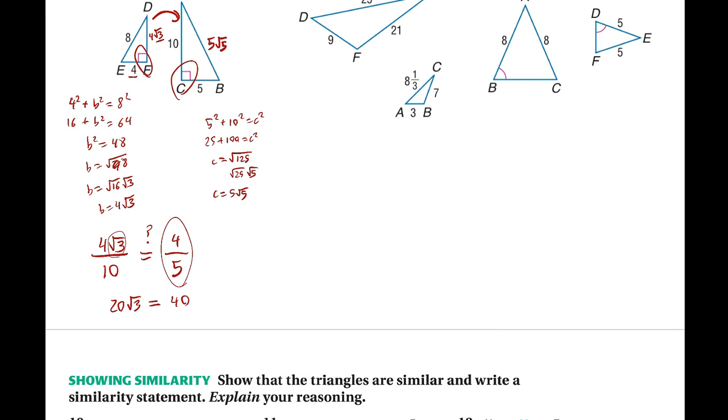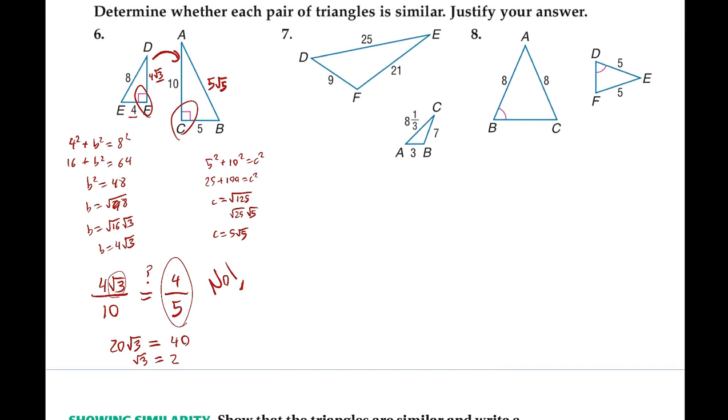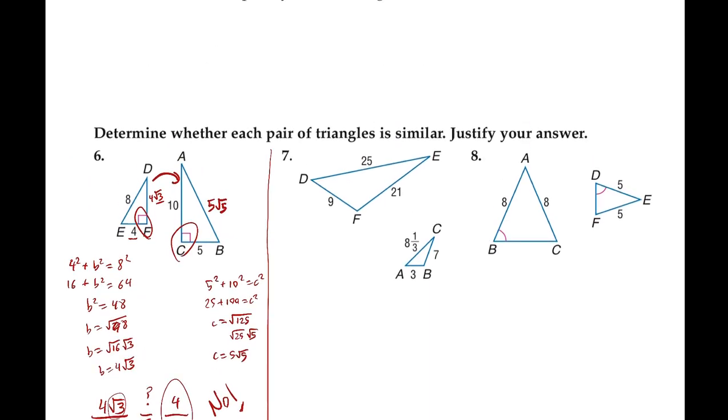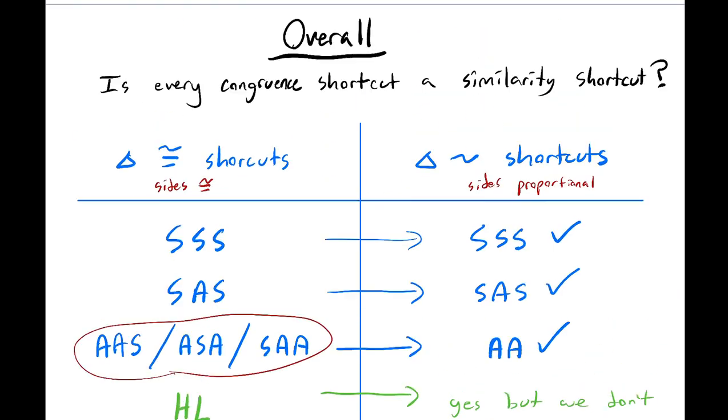Nope. Divide both sides by 20, and is root 3 equal to 2? Nope. Okay, we're sure. Root 3 is 1.7, 2 is 2, so no, not similar. So that was just an example of how you can use the Pythagorean theorem to get an answer when otherwise your shortcut doesn't automatically give it to you.